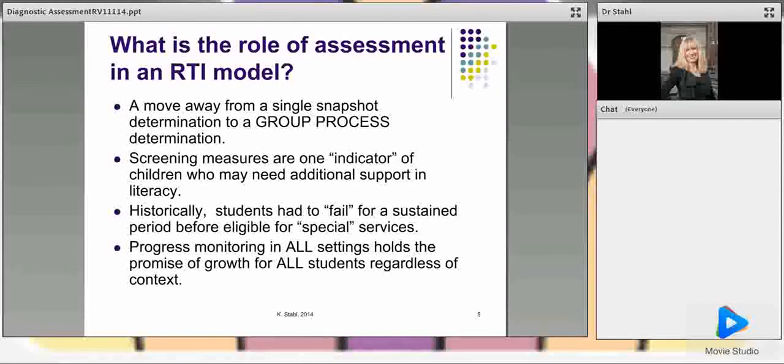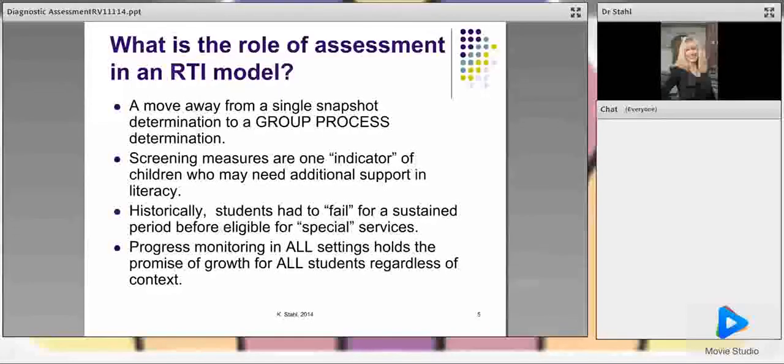With RtI, the role of assessment has really become increasingly important because the assessments that we will be using now assume an increasingly important role in making long-term decisions for children.